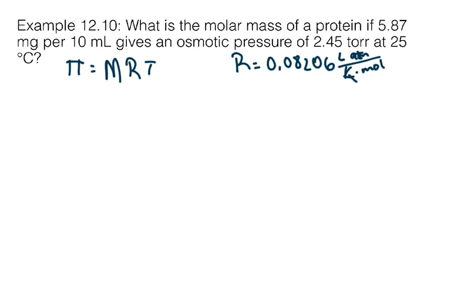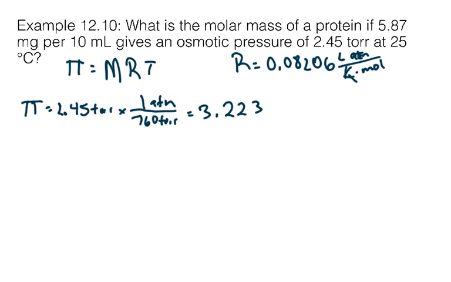We're given an osmotic pressure of 2.45 torr, which we want to convert into atmospheres, so our R value works. There are 760 torr in 1 atmosphere. So our osmotic pressure in atmospheres is 3.224 times 10 to the minus 3 atmospheres.